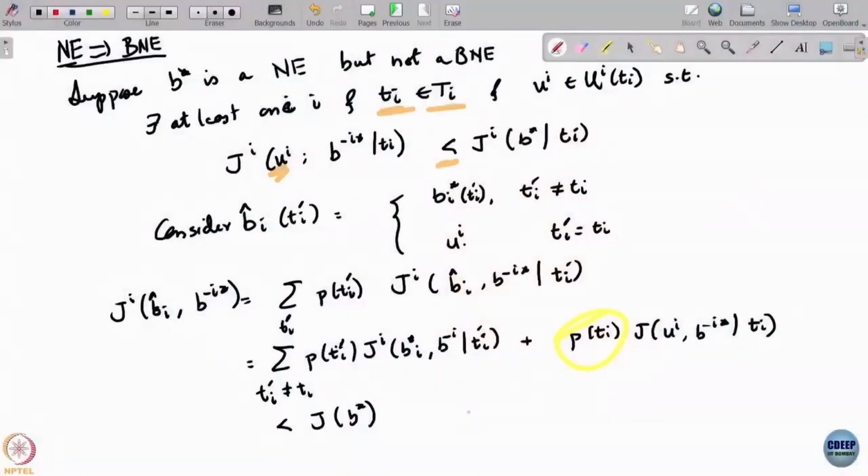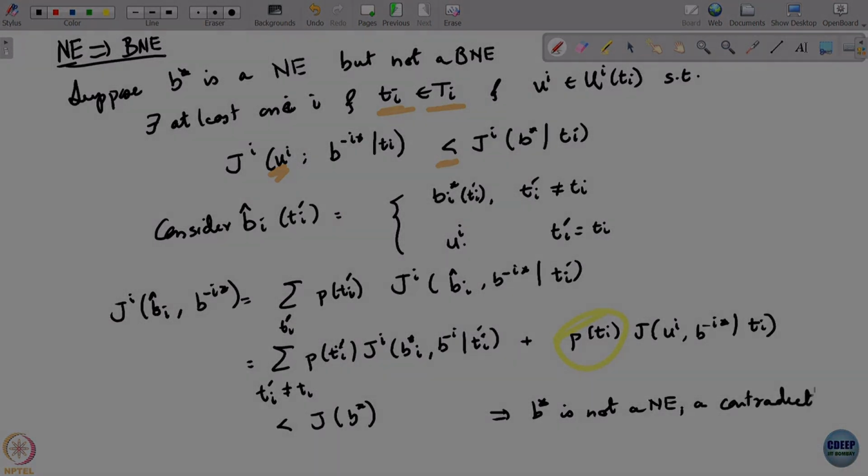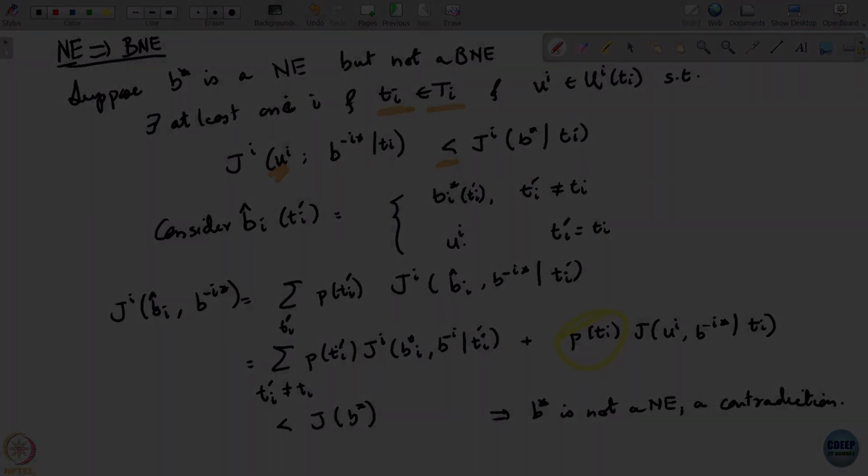Those kinds of corner cases are interesting more mathematically than for the underlying logic of games, so that is not such a big attraction for a separate study. Which would mean then that B star is not a Nash equilibrium, okay, a contradiction. All right.